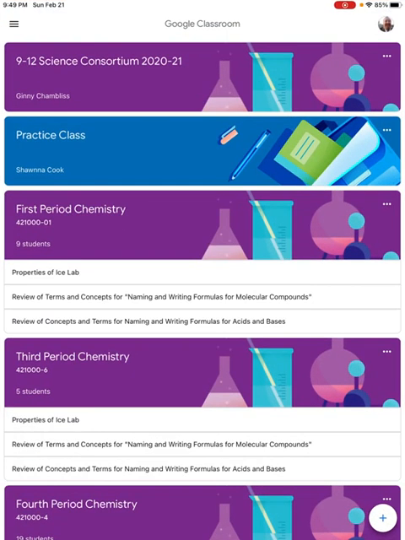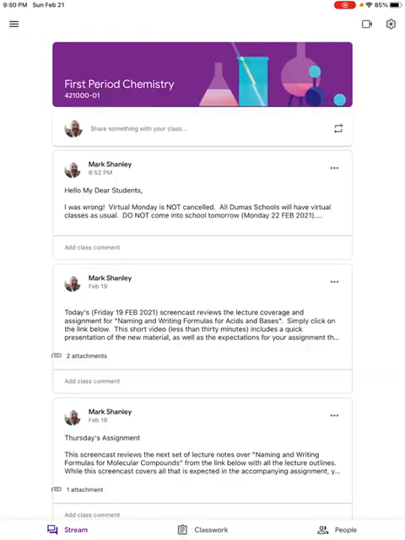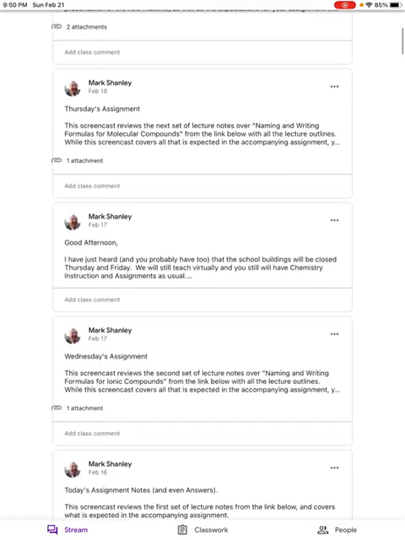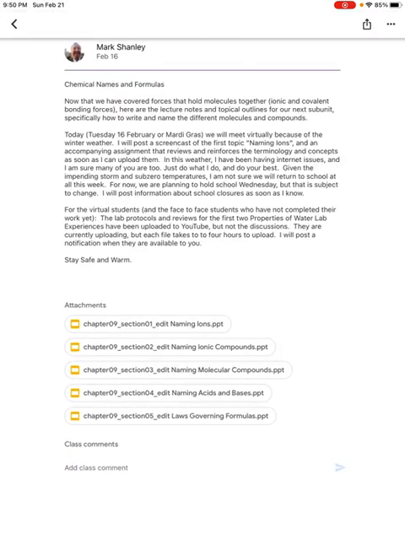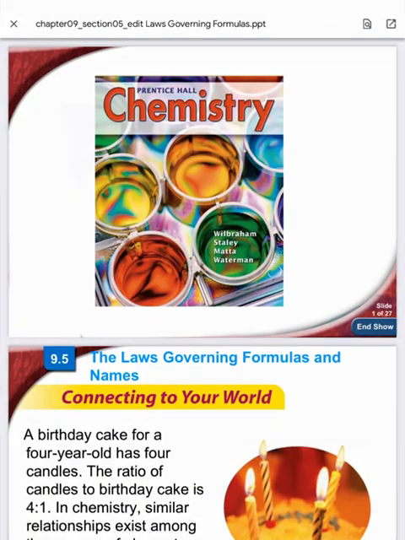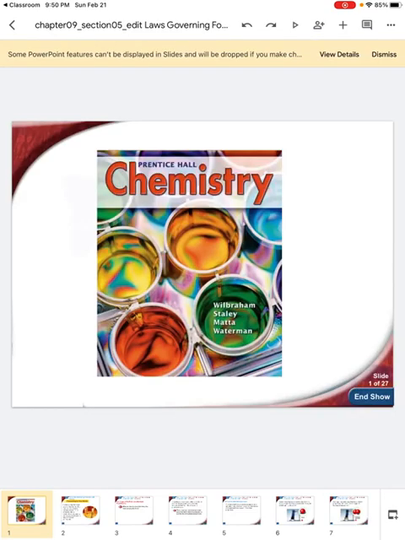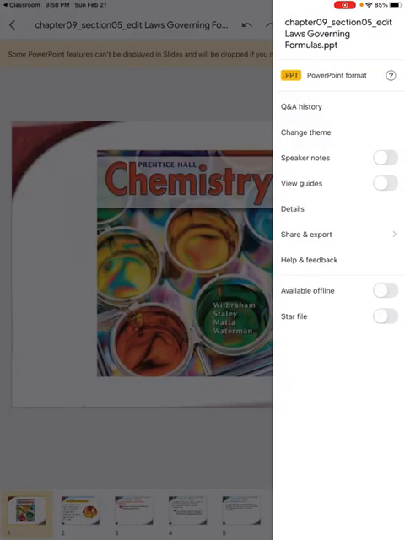So if you go to your Google Classroom and you go to your classroom stream, you'll find a post with attachments for all the notes. There are 5 of them. And this is the one governing laws, or laws governing writing formulas and names, and there are things you can do and that I can do to make it so I can view it in an appropriate program.